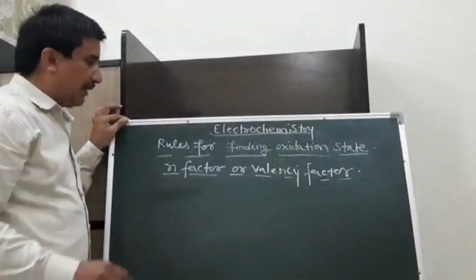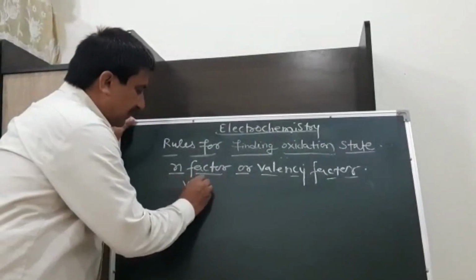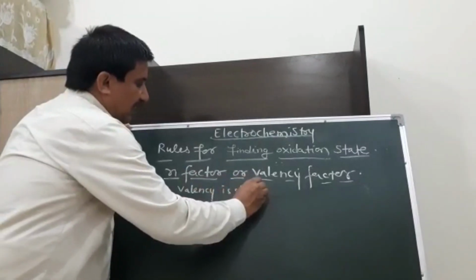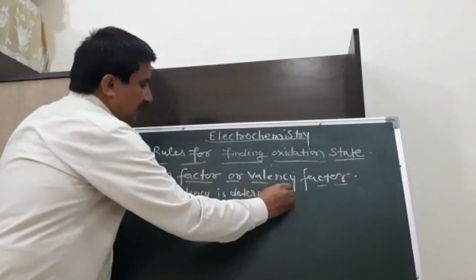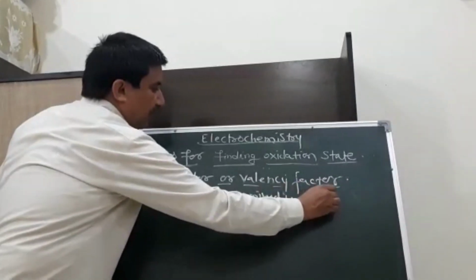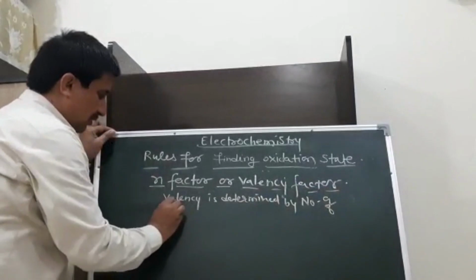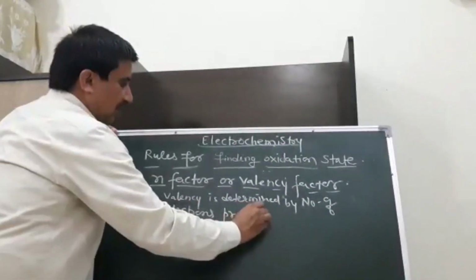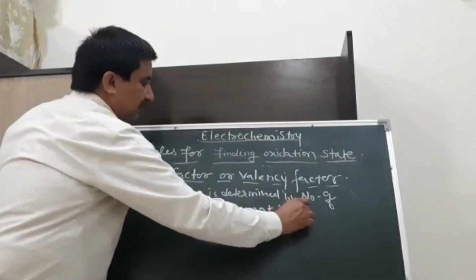It is determined by the number of electrons present in the outermost shell.